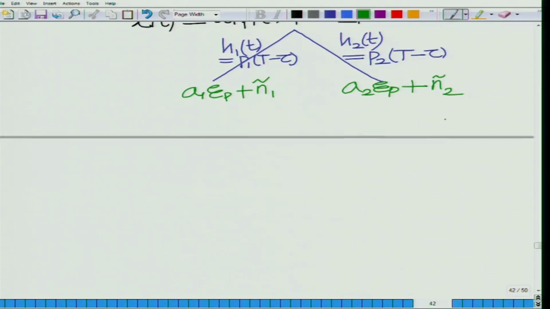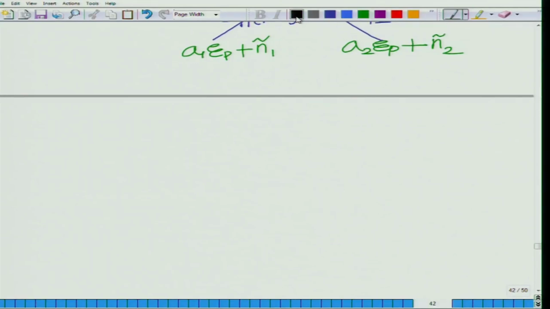So, what we are saying is that basically we match filter with respect to both. First, we match filter with respect to P1, that is the signal space basis signal P1(t), to make a decision with respect to A1, and to make a decision with respect to the transmitted symbol A2, we match filter with respect to P2, that is pulse P2(t), which is another orthogonal basis function for the signal space.